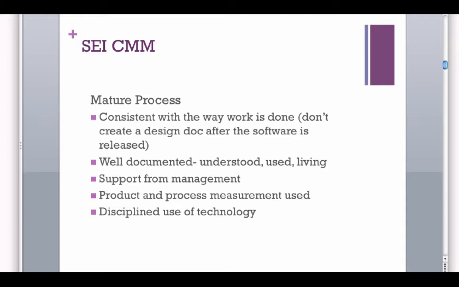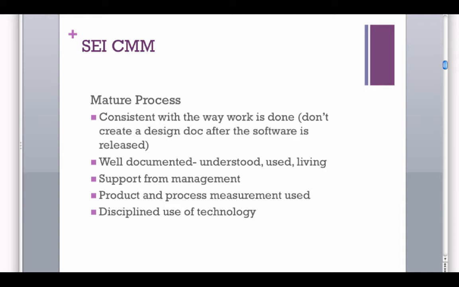Okay, so yes, there is an overhead cost associated with beginning to use a process, but in the long run, it pays for itself. Okay, usually many-fold, and it's hard to get a non-technical manager to see that without them having gone through the process a few times.